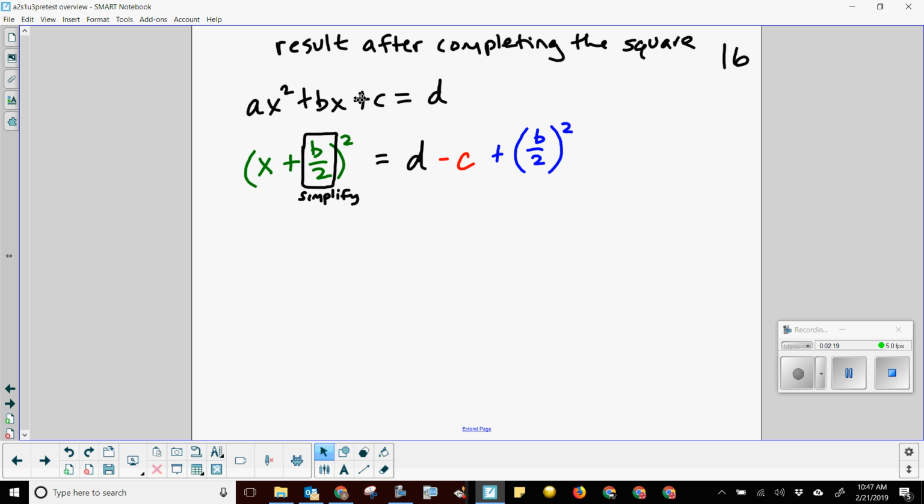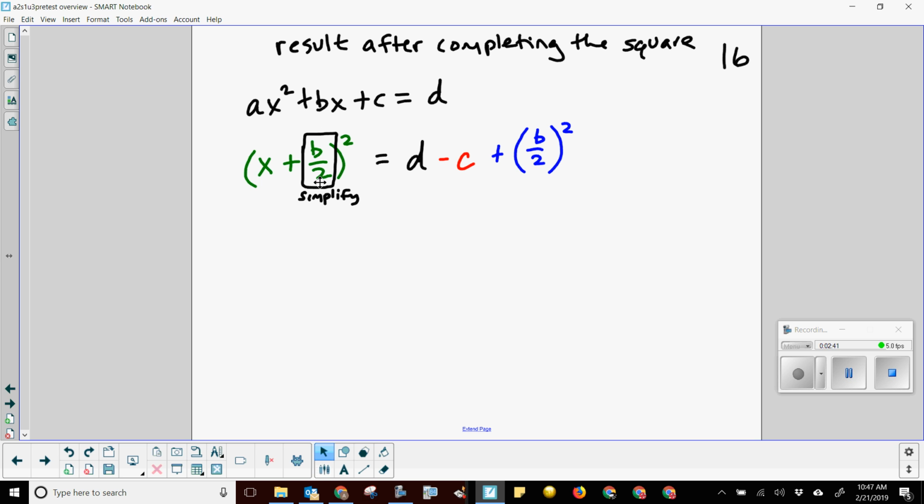Result after completing the square. That b over 2 squared we talked about, well, we know it needs to be added over here. One step that kind of got skipped is this value here needs to be subtracted over here. So take whatever number's here, subtract or add whatever's opposite here, and then add b over 2 squared.